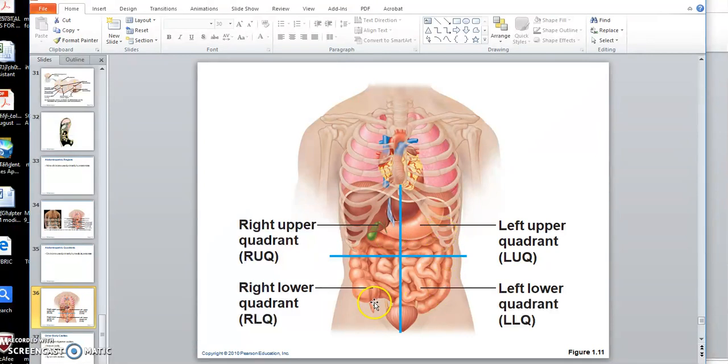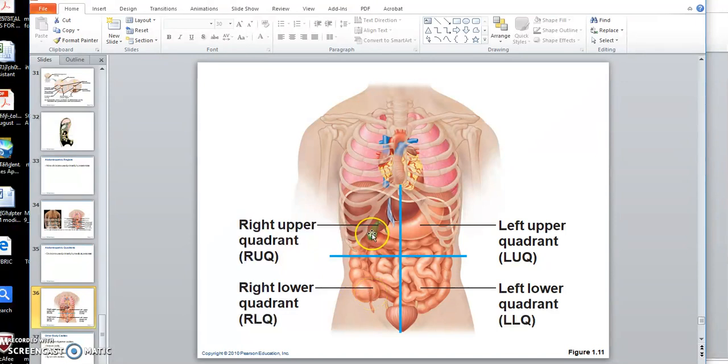For example, here's your appendix right there. So if I was to say Joe came to the emergency room and had pain in the right lower quadrant, what kind of structures would be involved? Here's the appendix, and right there's your cecum.